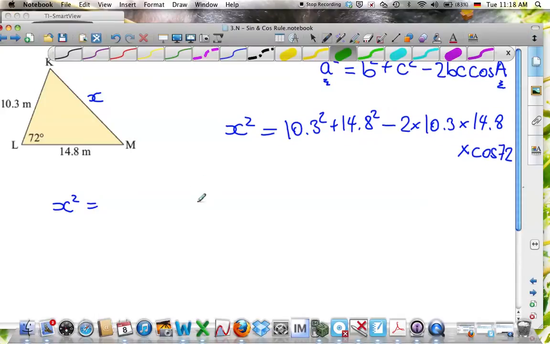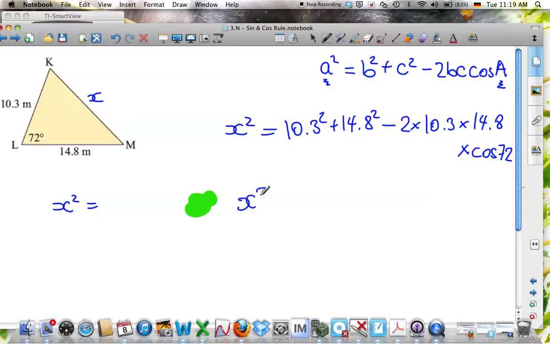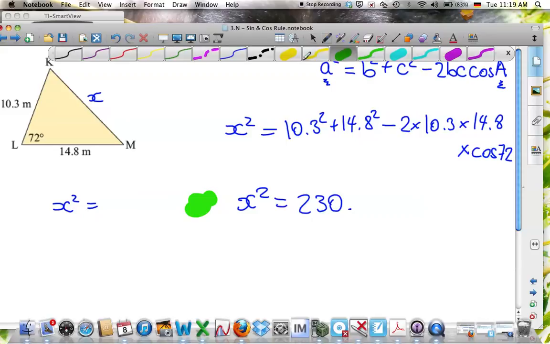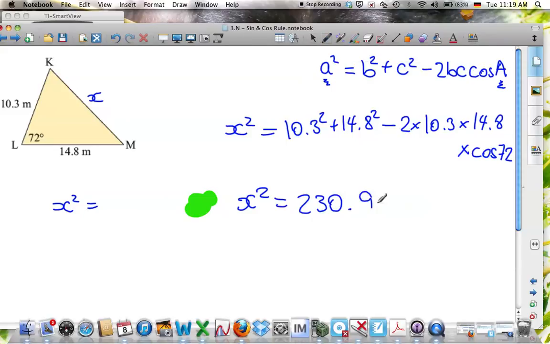So let's write that down. Oh, sorry. X squared equals 230.916, I think it was. Okay, 916, etc.